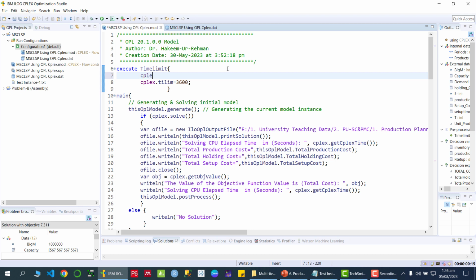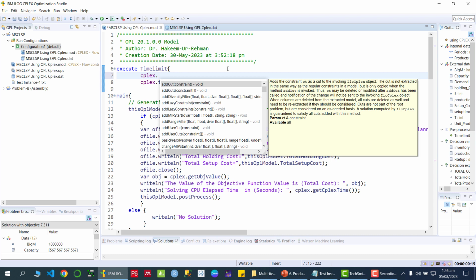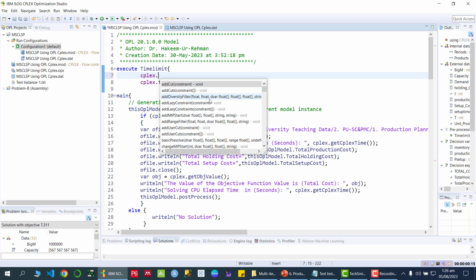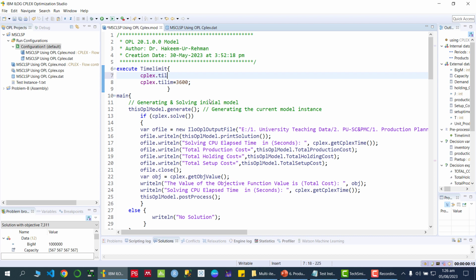So you can write cplex dot, and once you press the dot, you will see that there is a list of variables. If you are not seeing that, you can also use dot and then press the tab key. You will see this list. Over there, you can see that I am just searching for time, TILIM.